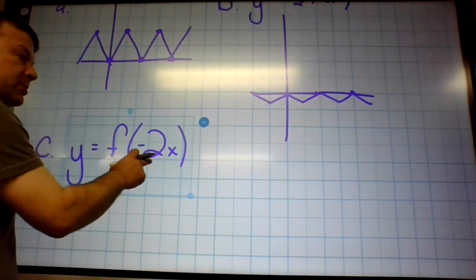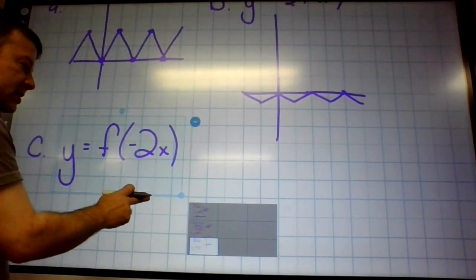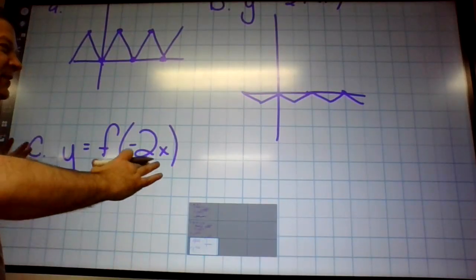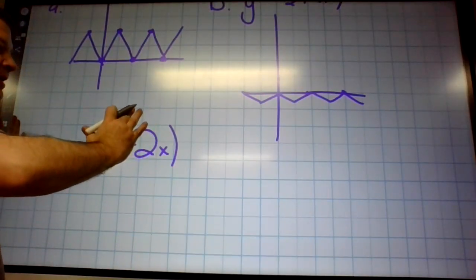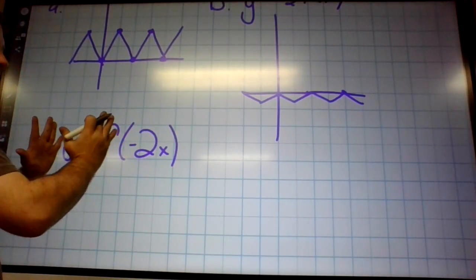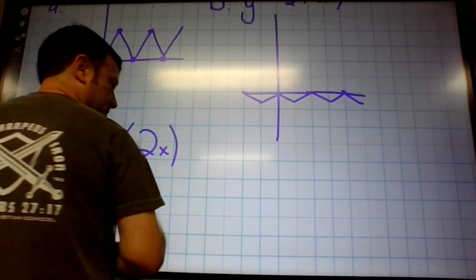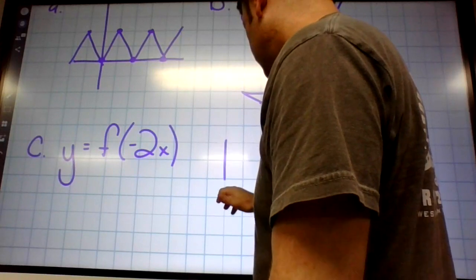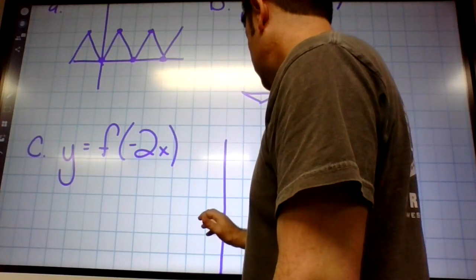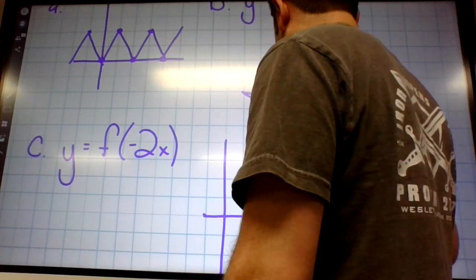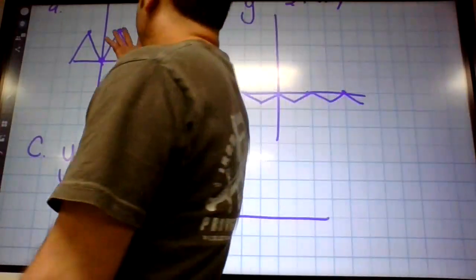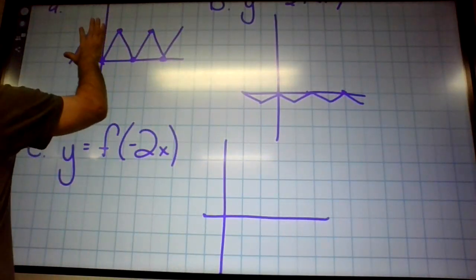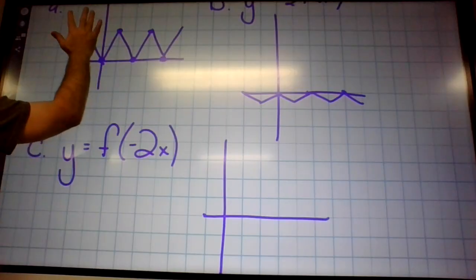Okay, but what does this 2 do? We haven't talked about that today. That makes everything go twice as fast. So everything will be compressed and only be half as long. Now on this graph, does a horizontal flip do anything? Not really.